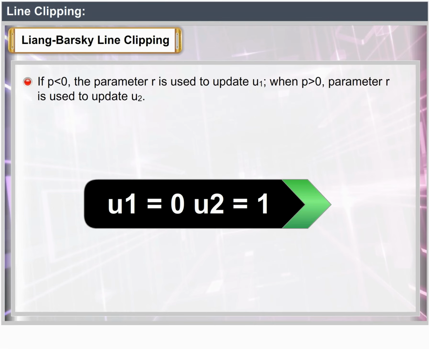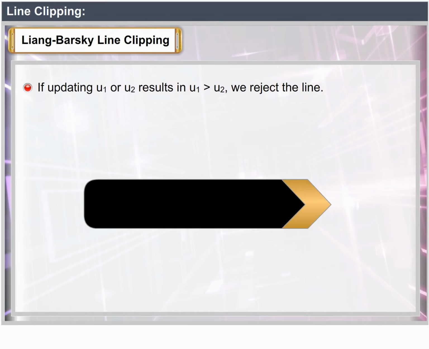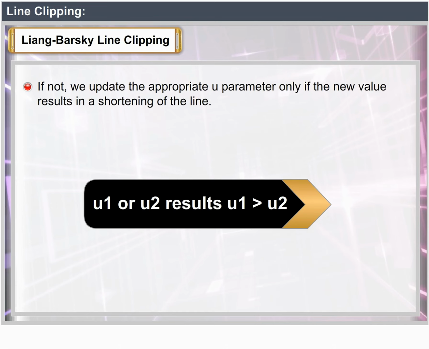When p is less than 0, the parameter r is used to update u1. When p is greater than 0, parameter r is used to update u2. If updating u1 or u2 results in u1 being greater than u2, we reject the line. Otherwise, we update the appropriate u parameter only if the new value results in a shortening of the line.